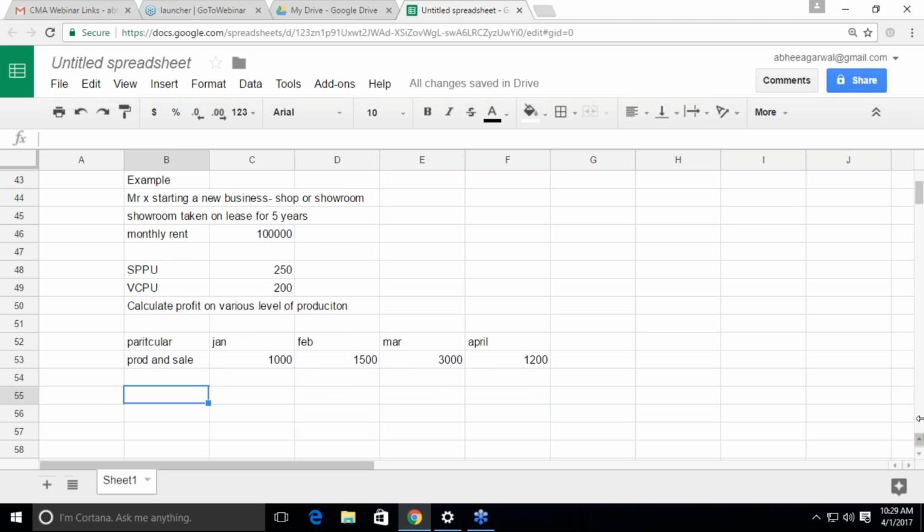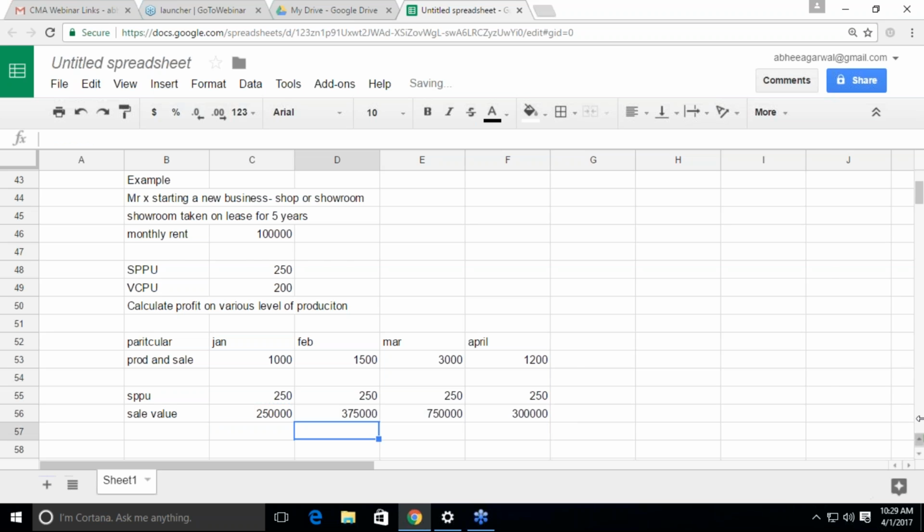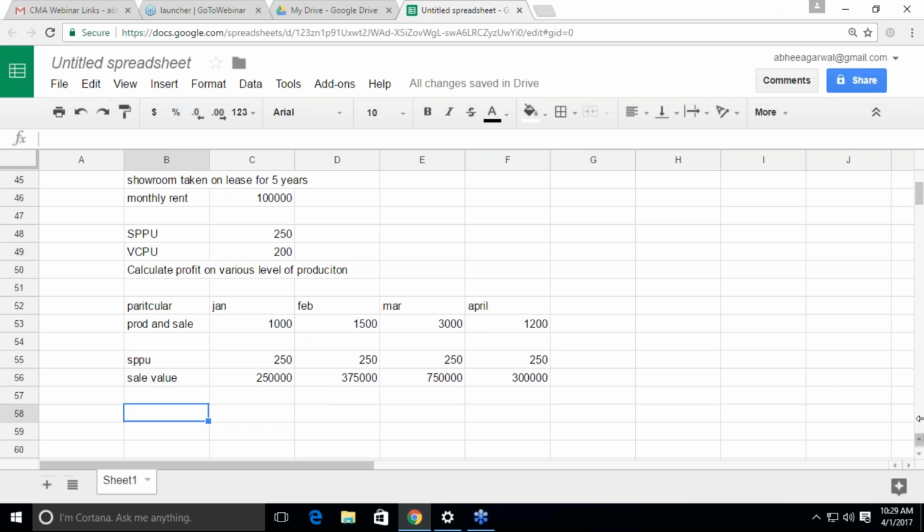So your selling price per unit is 250. So sale value will be 250 multiplied by 1000. Less variable cost.